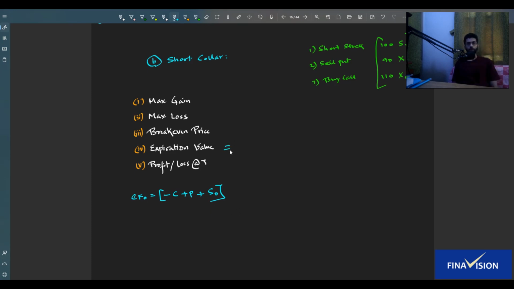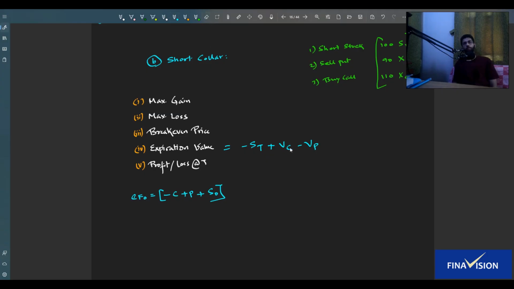Now the value at expiration is nothing but the cash outlay to purchase the stock back at expiry, minus ST. That is, at the expiry, let's say the price is ST and the shorted stock has to be purchased back, so there is a cash outlay of ST, plus the value of the call that has been bought, minus the value of the put that has been sold.